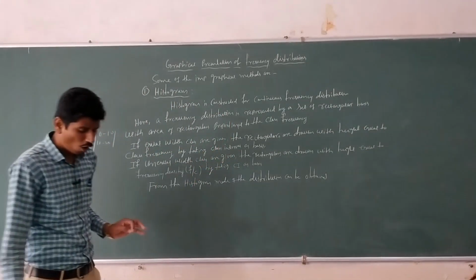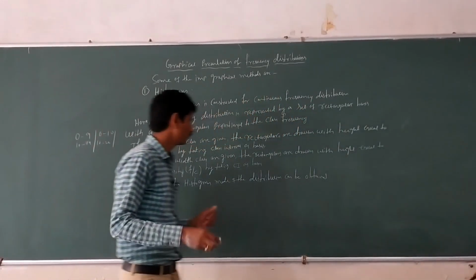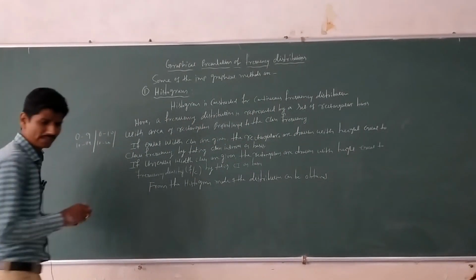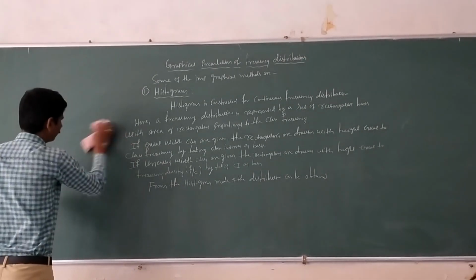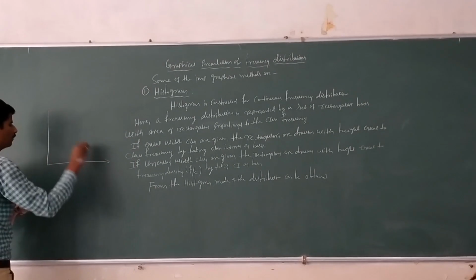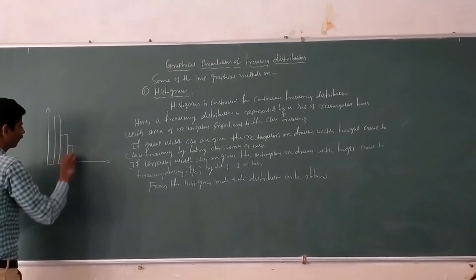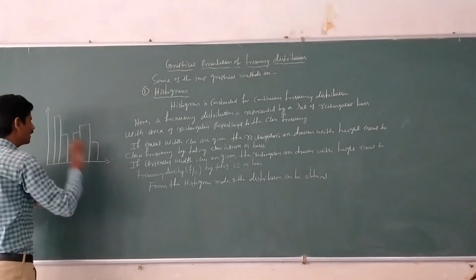Okay. Here, on joining the midpoints of the upper sides of the rectangles, a frequency polygon is obtained. See here, for example, it is a histogram.